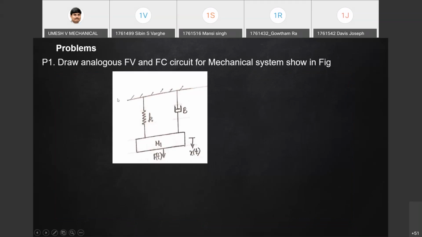Kindly copy this mechanical system and note down the problem also. A mass and a damper are there.